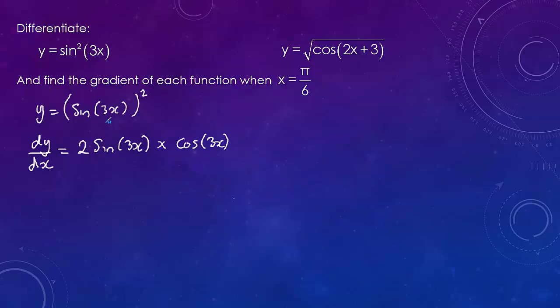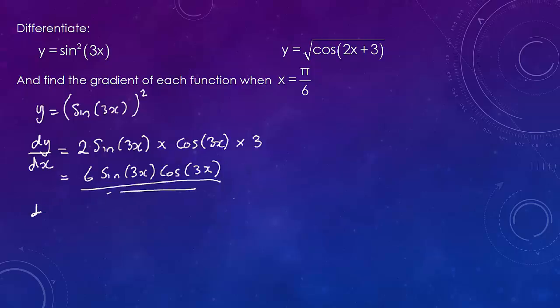But that also has an inside function, so we need to multiply by the derivative of the inside function, 3x. So overall what we get is 6 sine 3x cos 3x.